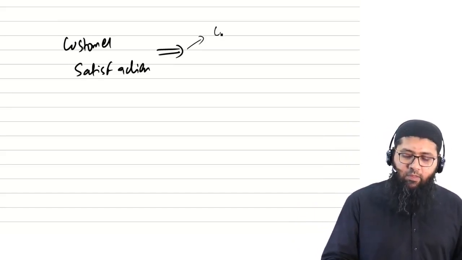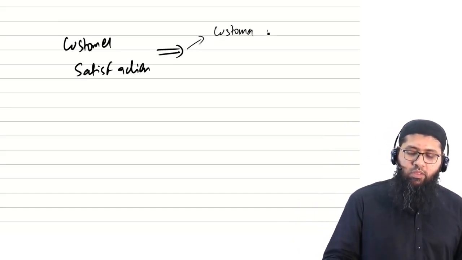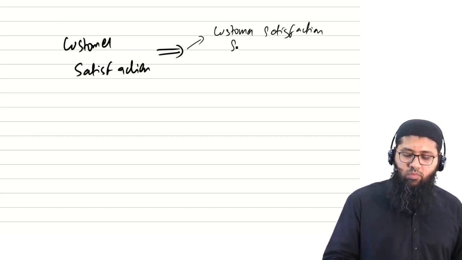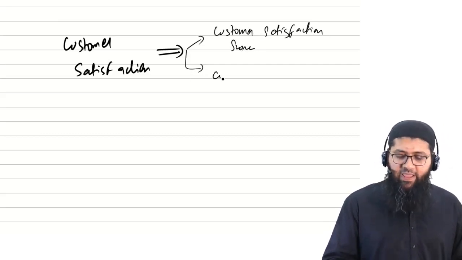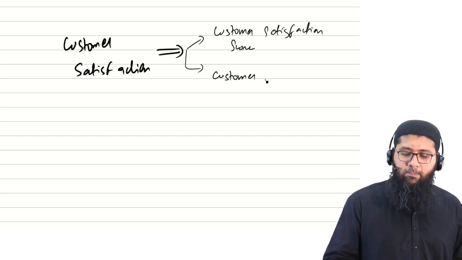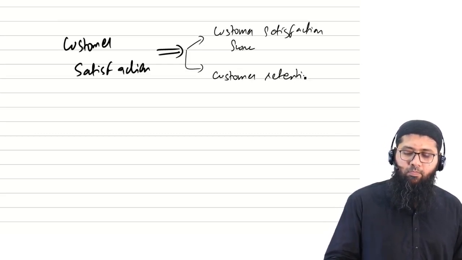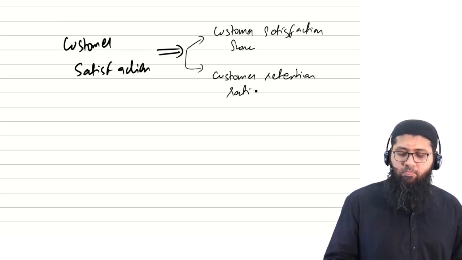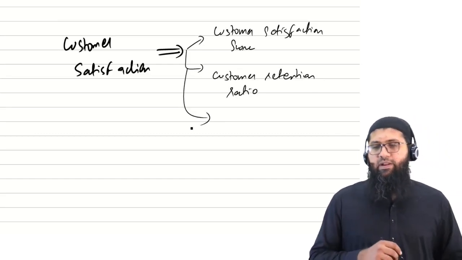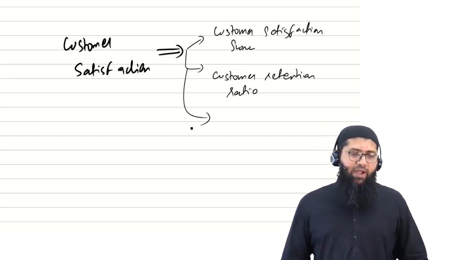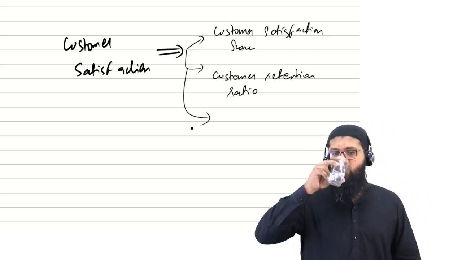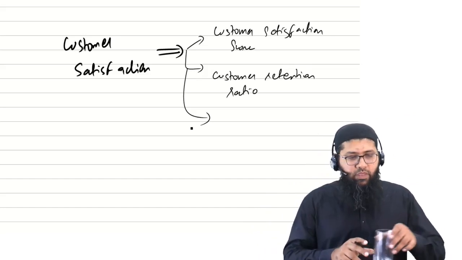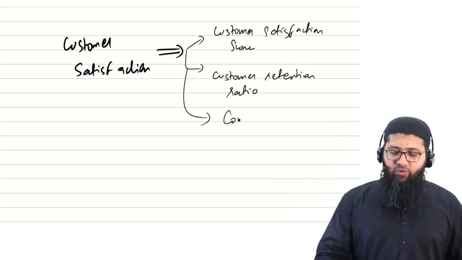For example, you might say customer satisfaction score. You might say customer retention ratio. You might say complaint ratio.